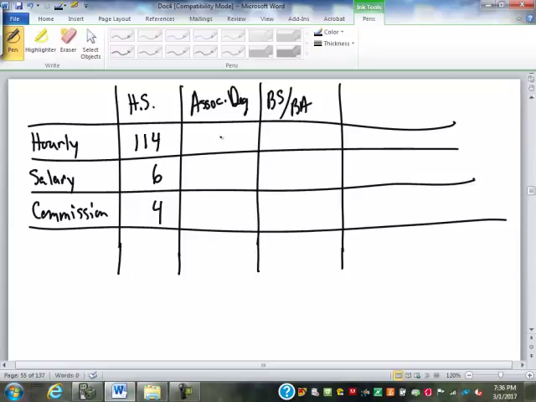Of employees that have an associate's degree, 63 work hourly, 8 work on a salary, and 7 work on commission. Of our employees that have a bachelor's degree, 27 work hourly, 18 work on a salary, and 8 work on commission. This is what we call a contingency table.